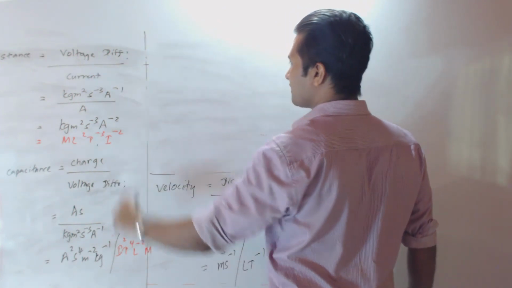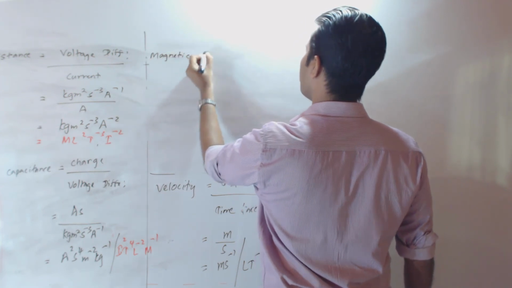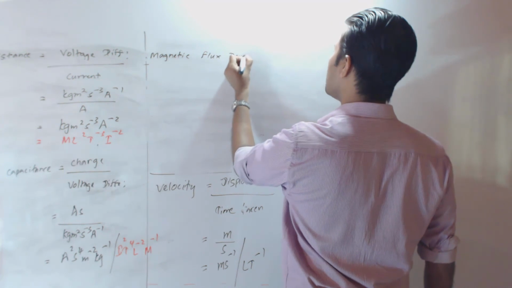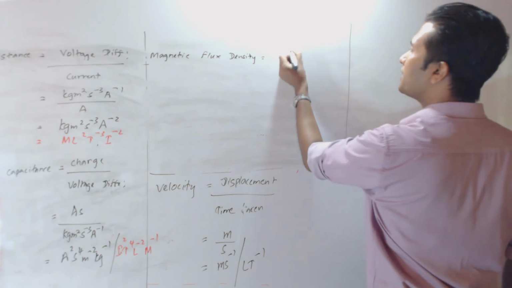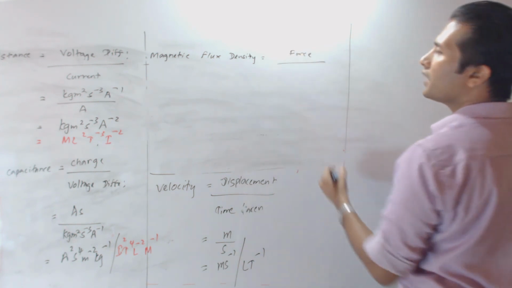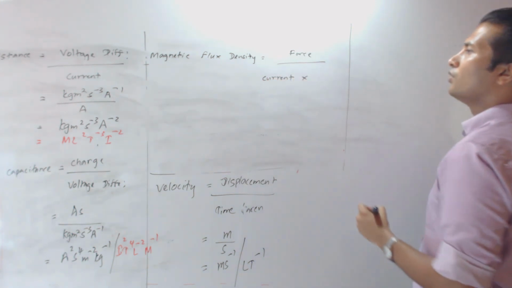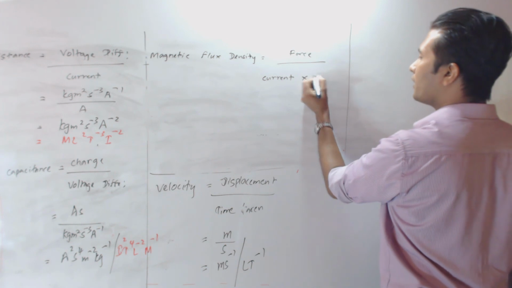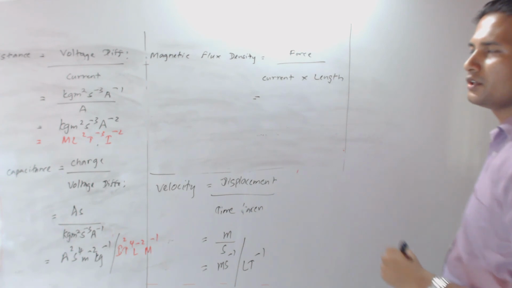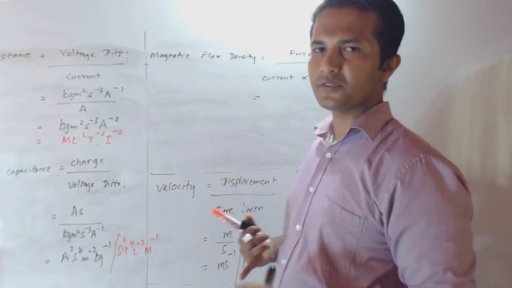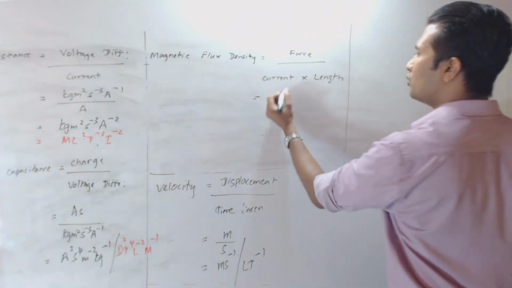Now let's go through magnetic flux density. As I mentioned earlier, the equation should be force divided by current into length. What is the unit of the force? As we got in the previous case, it should be kg m s minus 2.